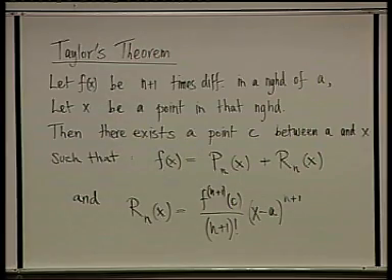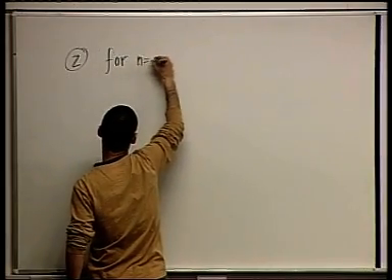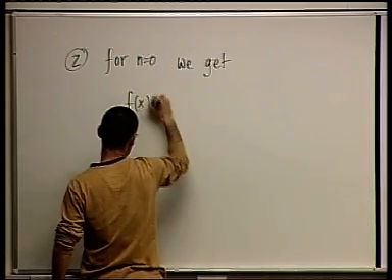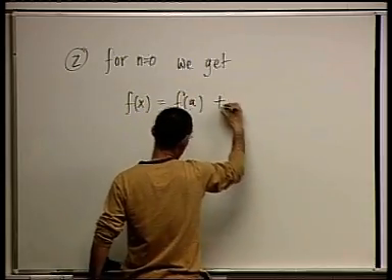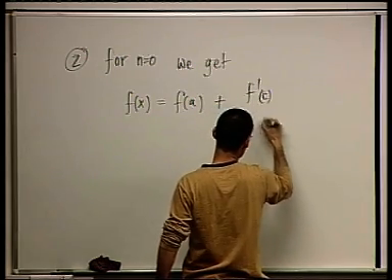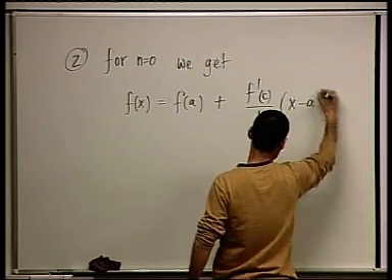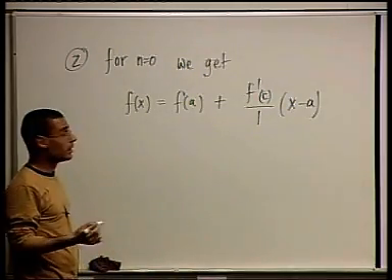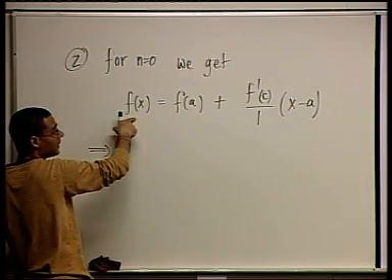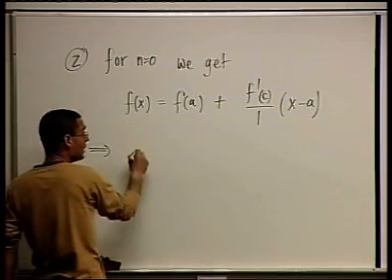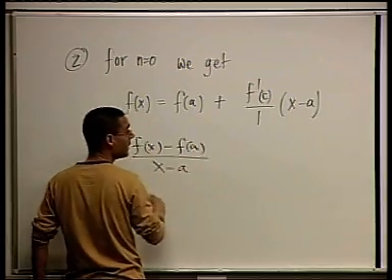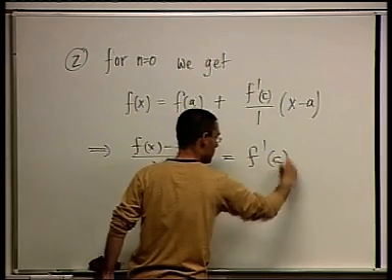For n equals 0, the most trivial case, we get f of x equals f of a plus the remainder, which is f prime at some point c divided by 1 times x minus a. Do you agree? And if you subtract f of a and divide by x minus a, you get f of x minus f of a divided by x minus a equals f prime at c.